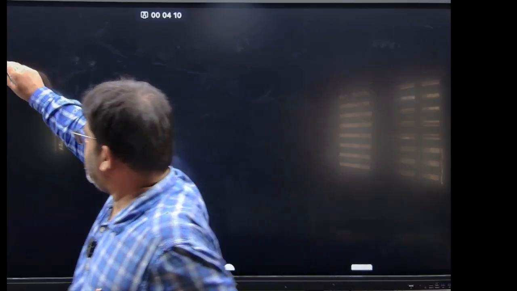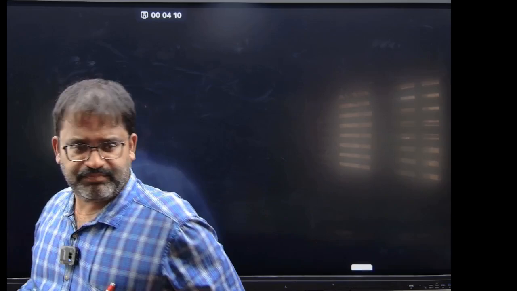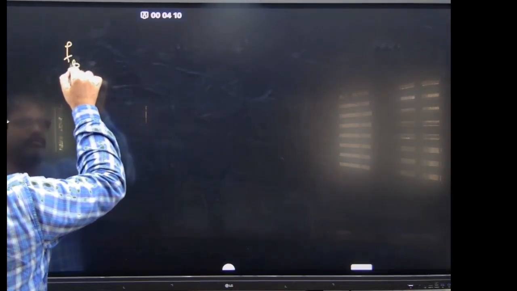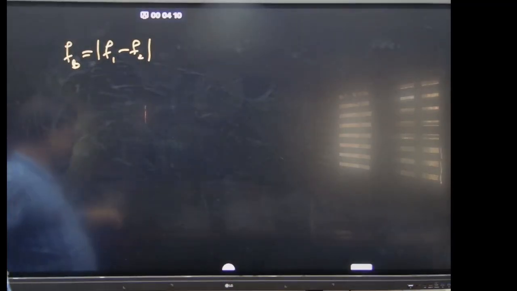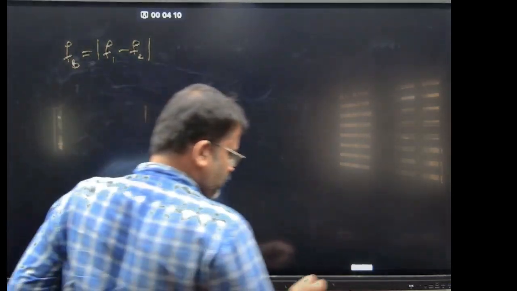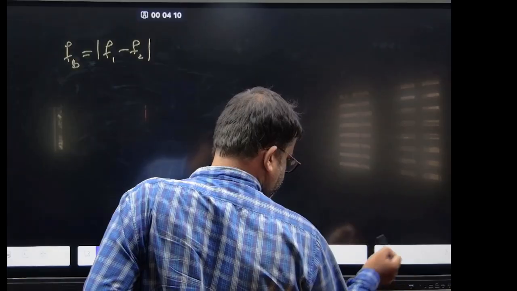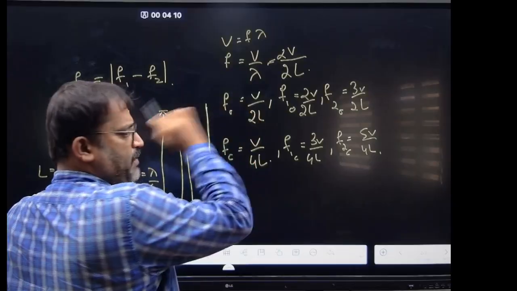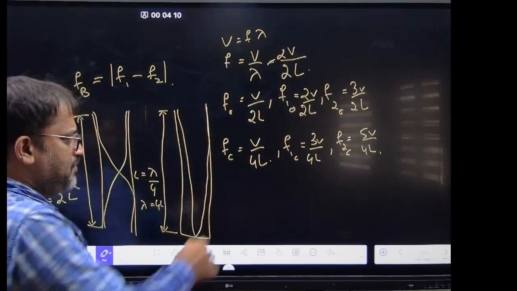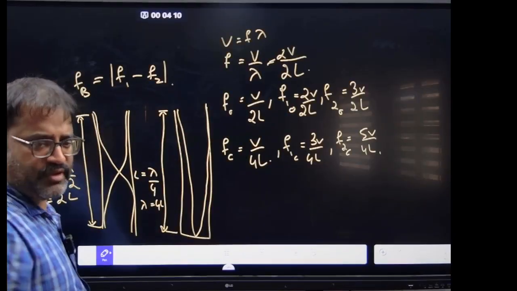Yes. So, see, there are two parts of the question given here. First, the mode of vibration of the pipes is such that modulus of F1 minus F2 is equal to the beat frequency. Here, when you go for the beat frequency, this is the fundamental frequency of the open pipe, V by 2L, and this is the fundamental frequency of the closed pipe, V by 4L.